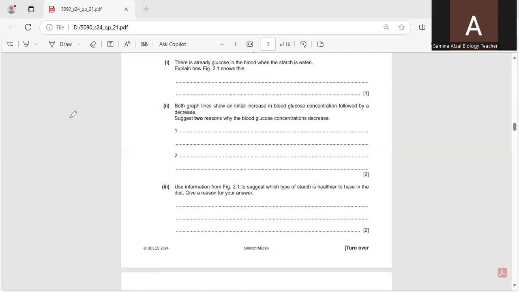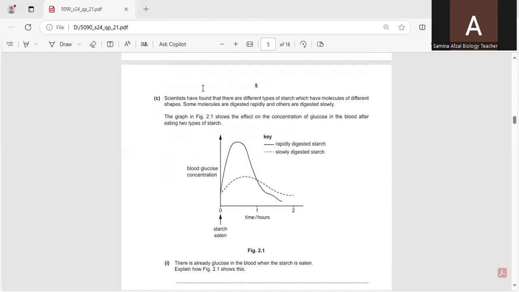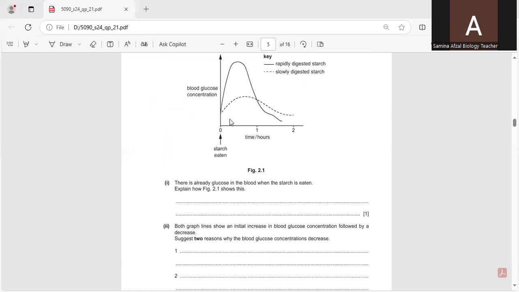And for this purpose, we will move towards the diagram. You can see that in both of these curves, firstly the glucose concentration is increasing, then it is decreasing in both cases.